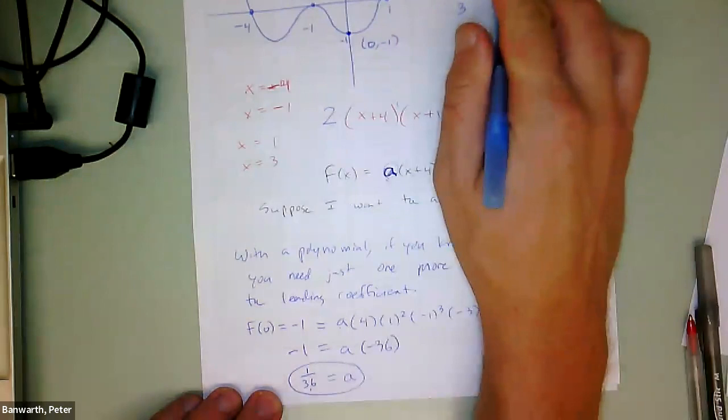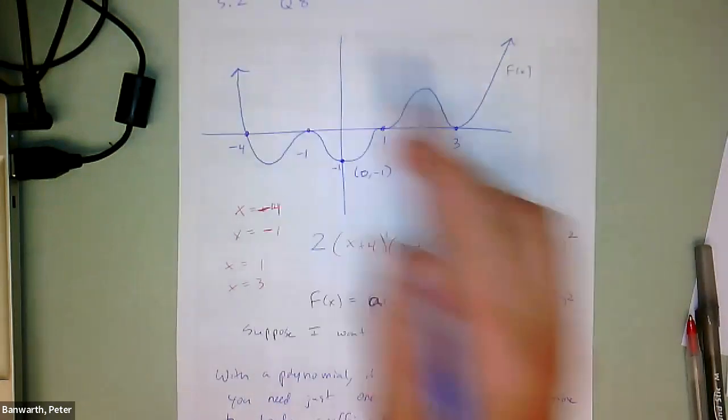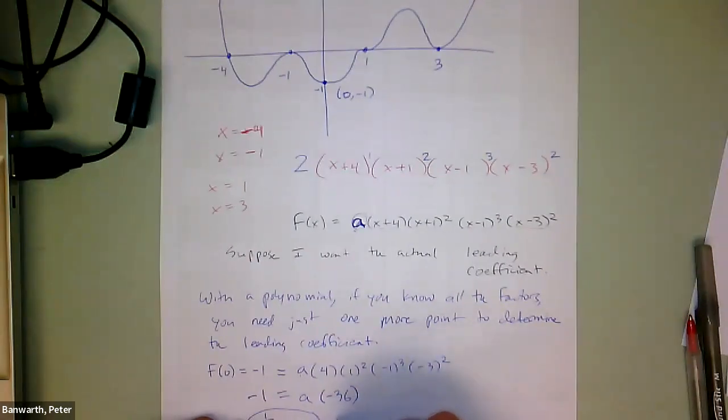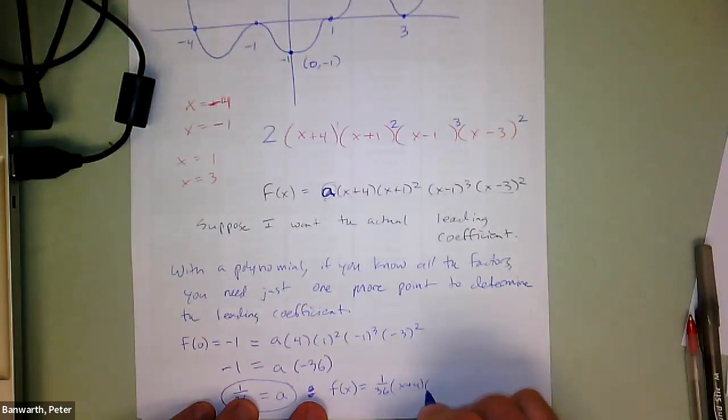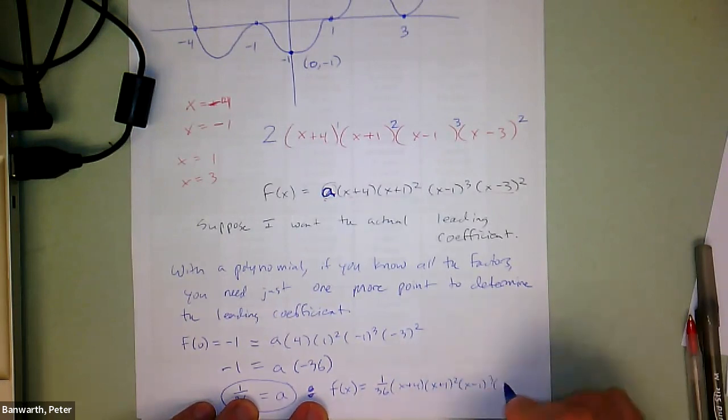That's positive, like I thought it would be because of my end behavior. And so when I'm all done, my formula is going to be 1 over 36 times x plus 4 times x plus 1 squared times x minus 1 cubed times x minus 3 squared.